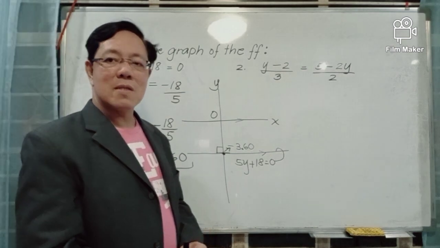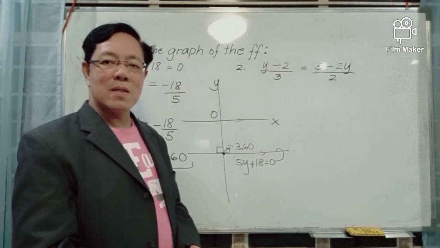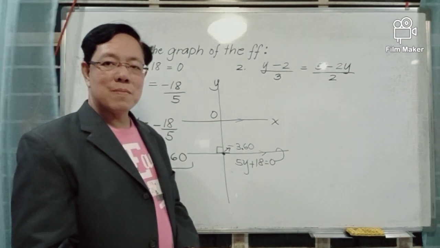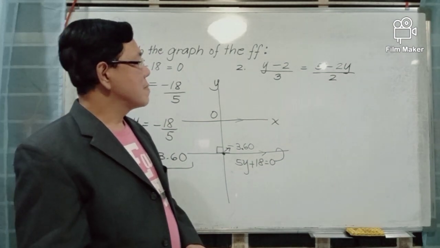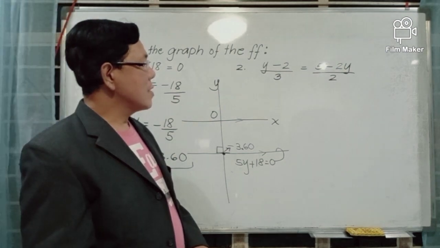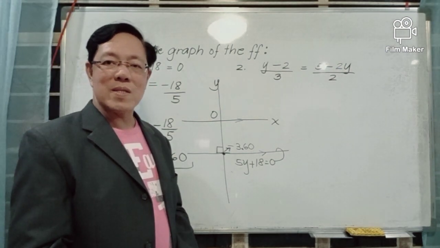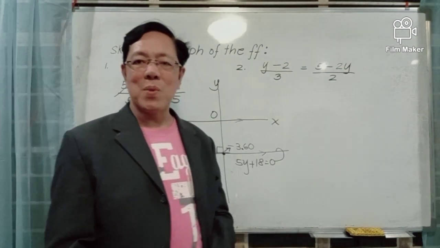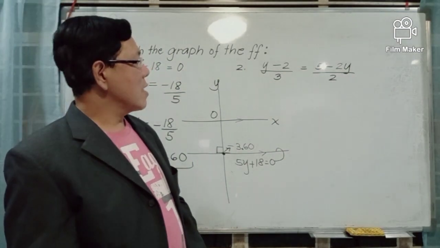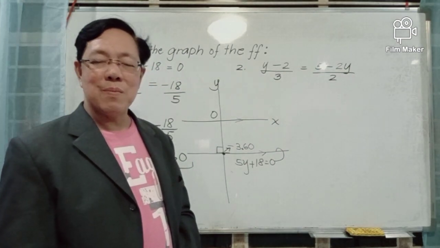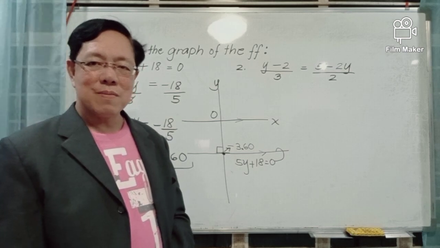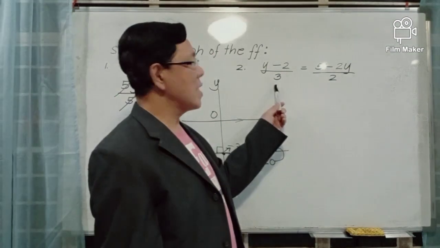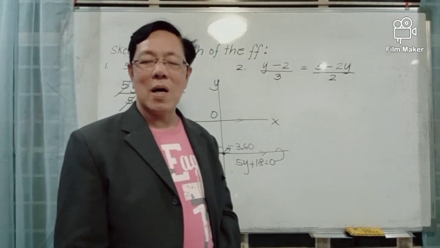The first step is to multiply both sides by the lowest common denominator, the lowest number that can be divided by 3 and 2, and that number is 6. Again, multiply both sides of the equation by the lowest common denominator, which is the smallest number that can be divided by 3 and 2. And that number is 6.